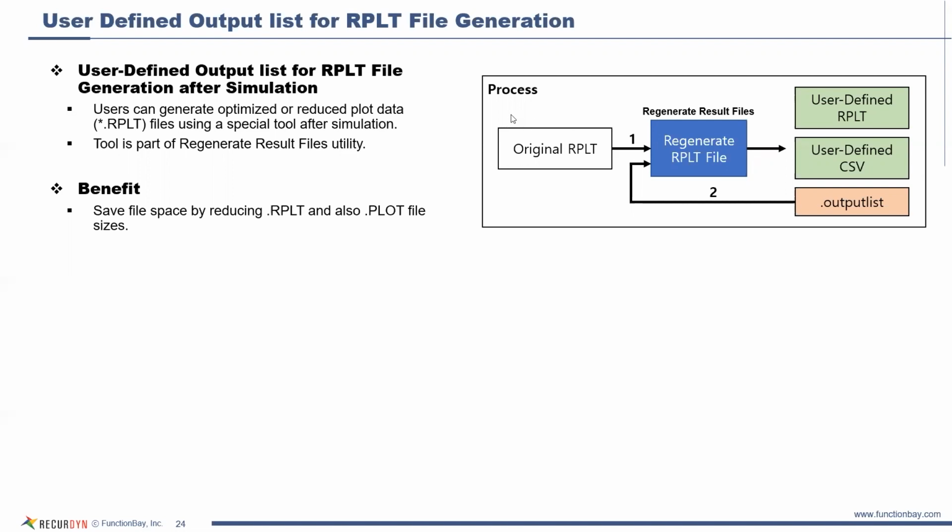And the process of how they do that is shown here. You can start with your original RPLT file, and then you can use the regenerate result files utility. This is the utility that will actually let you choose the subset.